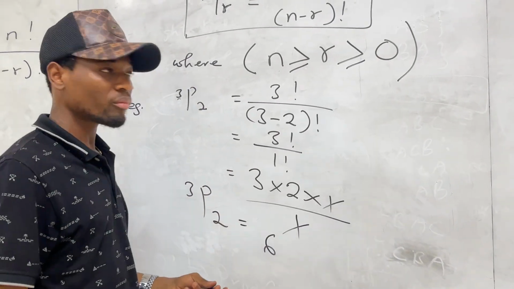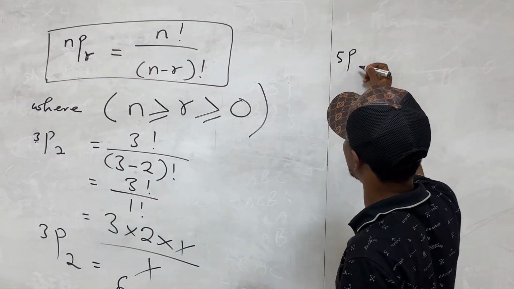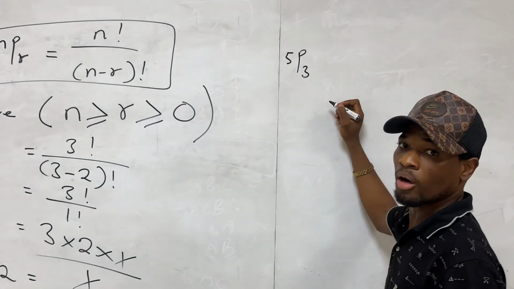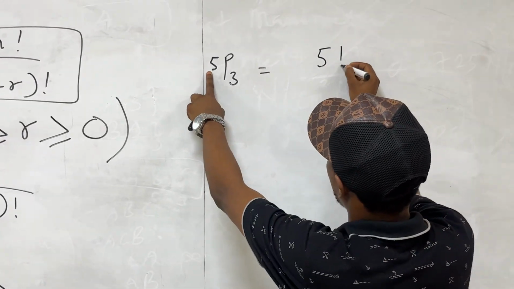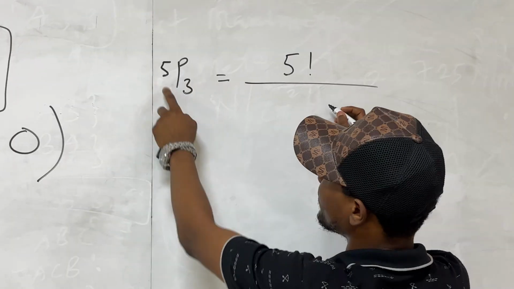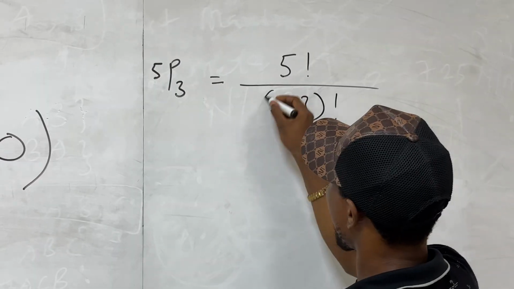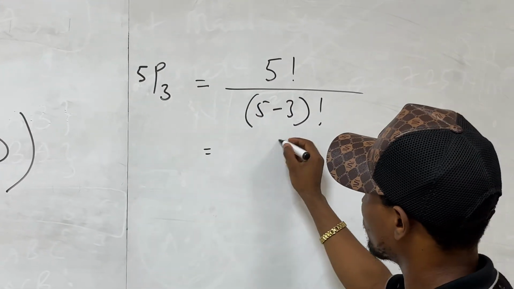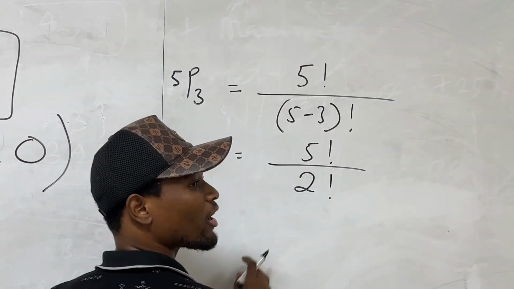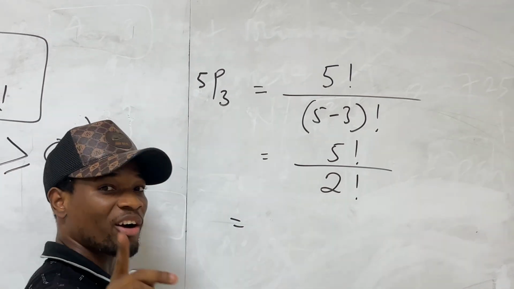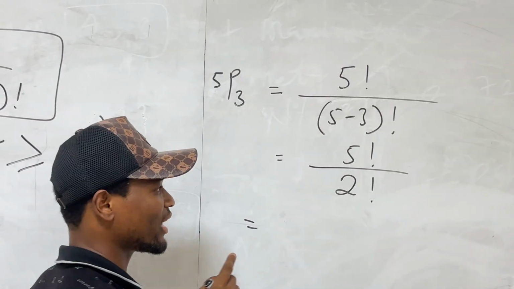As simple as that. So if you have, let's say, 5 permutation 3, when you evaluate this, you have 5 factorial over the difference, you subtract this from that. So I have 5 minus 3, all factorial. Therefore I have 5 factorial over 2 factorial. So remember how to divide factorials, we said that.